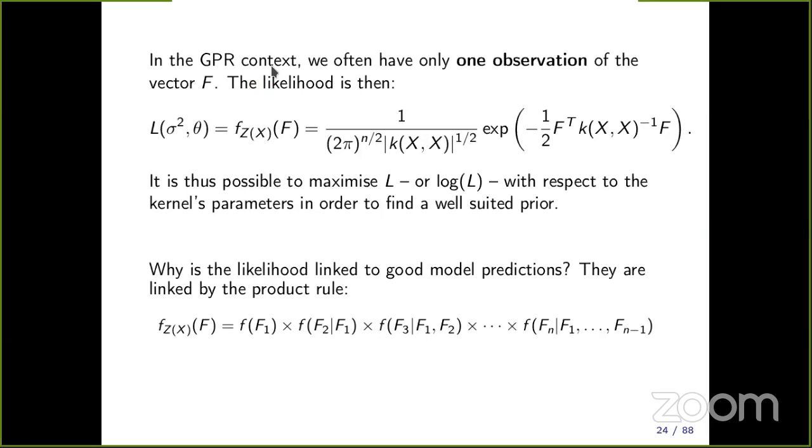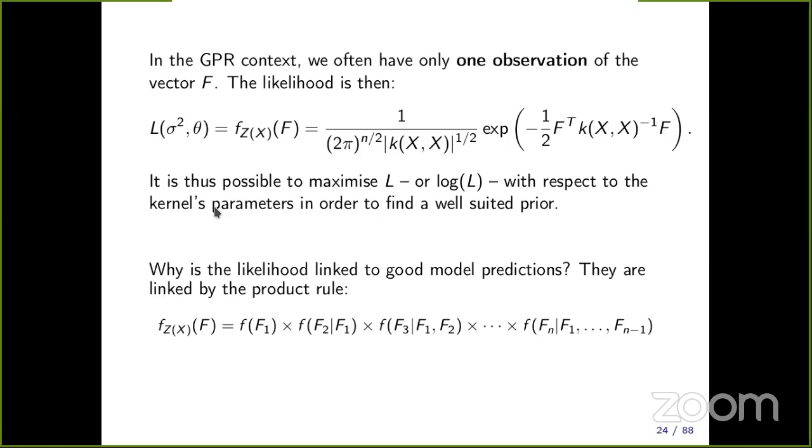It would be just one sample from the distribution, but we can compute this quantity: the likelihood of the observation that we have. And we can pick the kernel parameters, the variance and the length scale, such that this quantity is as high as possible. So that's one way to learn the kernel parameters directly from the data that we have.